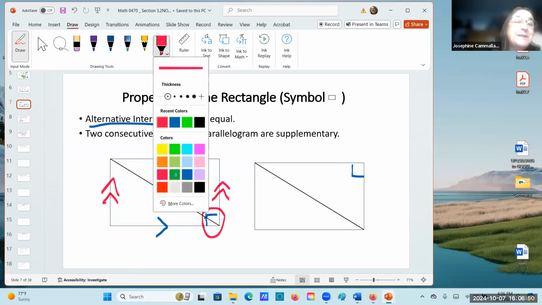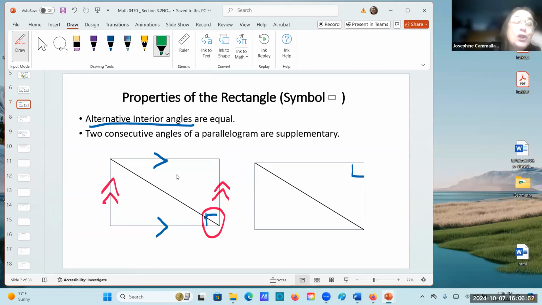But notice what happens here. Alternate interior, which means this angle and this angle are equal.